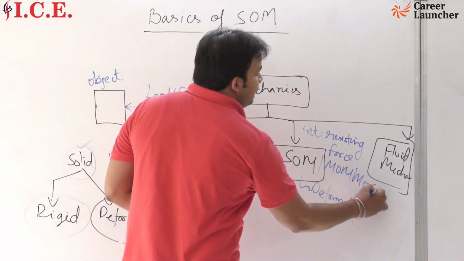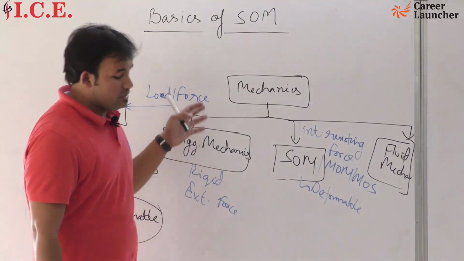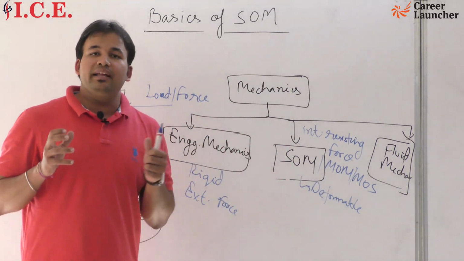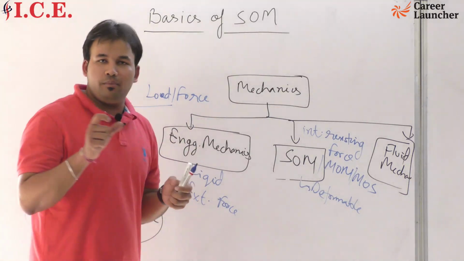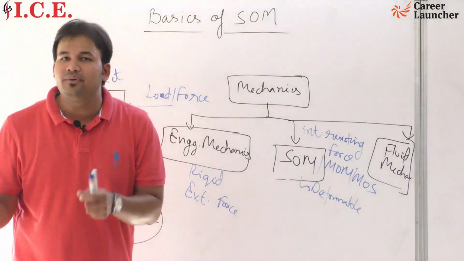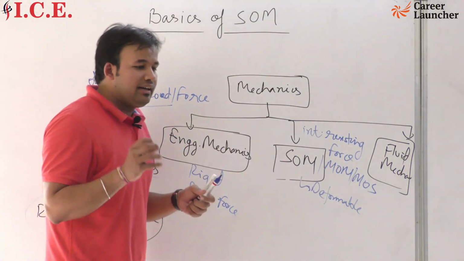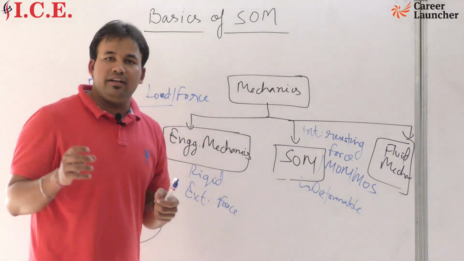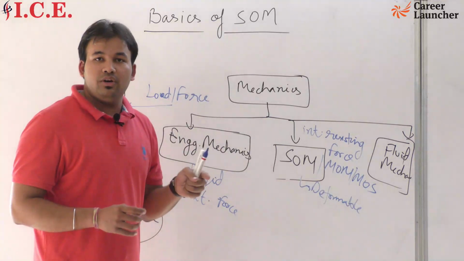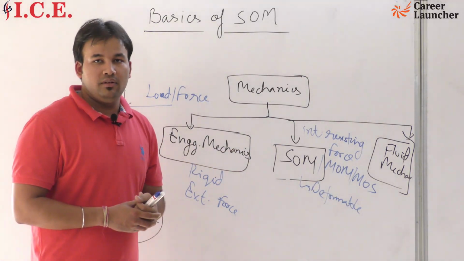Another name is MOS, mechanics of solid. So if we talk about the subject strength of material specially, then in strength of material we have to deal with the deformable object as well as internal resisting force. Clear? It means the internal resisting force is applied on the deformable body and the effect of that internal resisting force on that deformable body, that we have to discuss in strength of material.